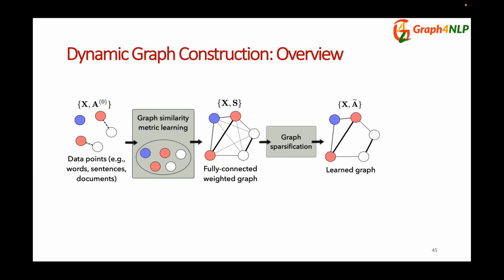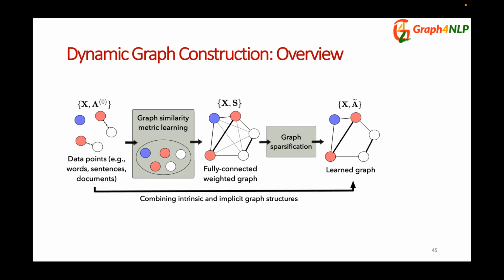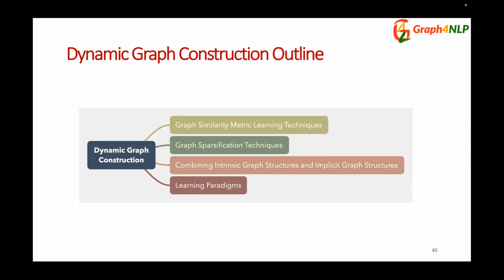If the input data, instead of only data points, also has an intrinsic graph containing edges, we can also optionally combine the intrinsic graph and the learned implicit graph to form an augmented graph. The output graph will be consumed by a subsequent GNN-based module to learn graph representations and produce task-dependent outputs.